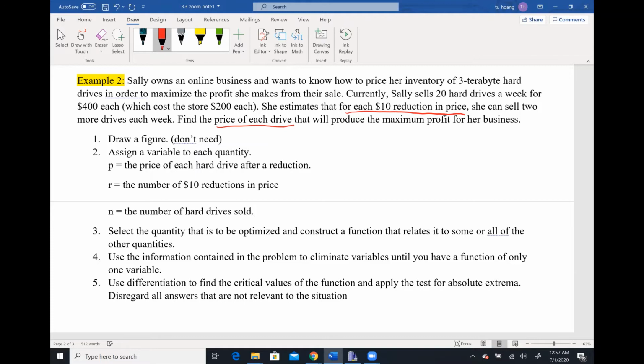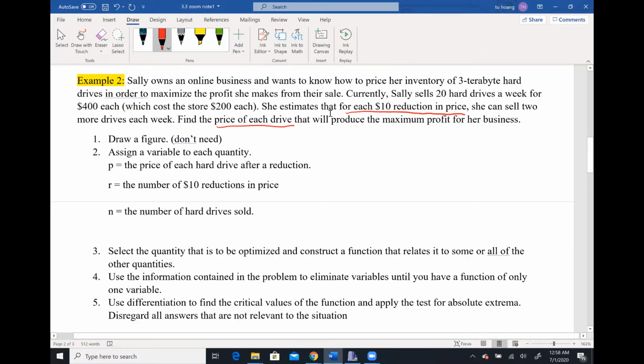Because it says Sally sells 20 hard drives a week for $400 each, I need to add some more words here: the number of hard drives after reduction.